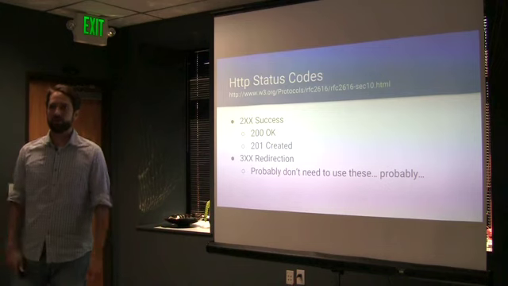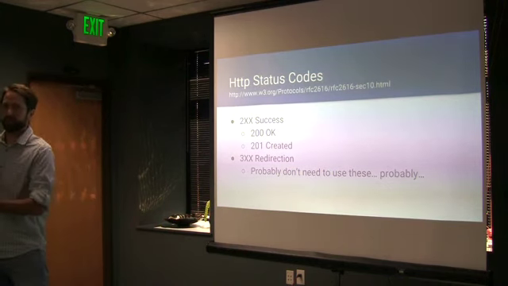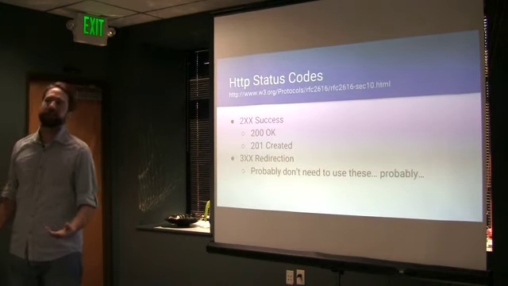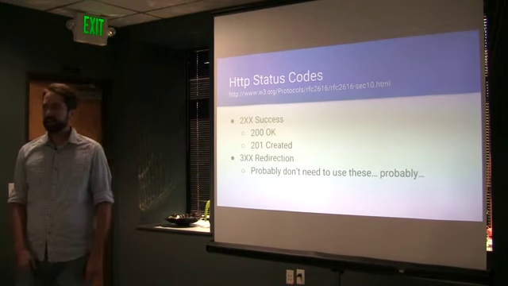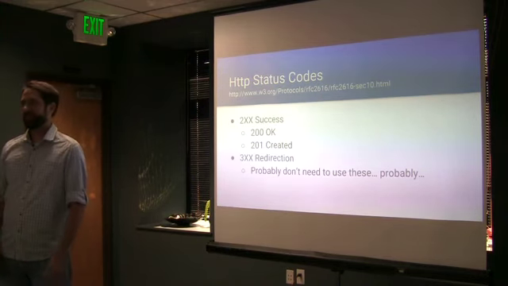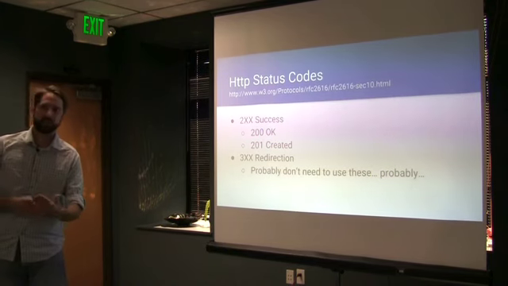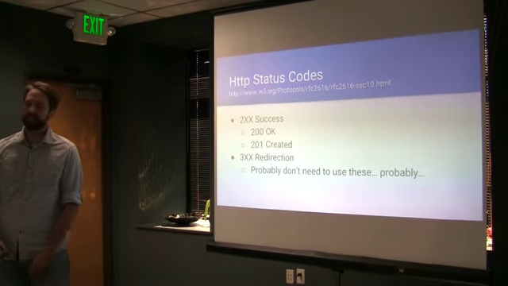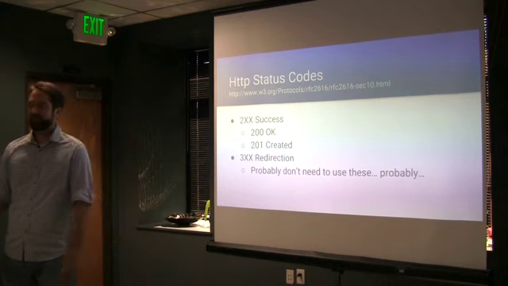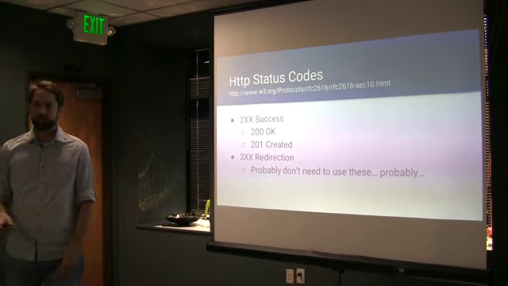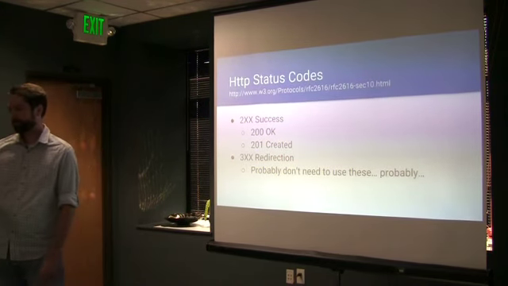So, oh, that's cool. I want to redirect you to here. Well, if you're a browser, the browser handles that redirection. If you're an API client and you're writing your mobile app to do this, are you really going to be looking at 304 to automatically redirect your calls to the next place? Probably not. So in practice, we probably won't be using the 300s so much.